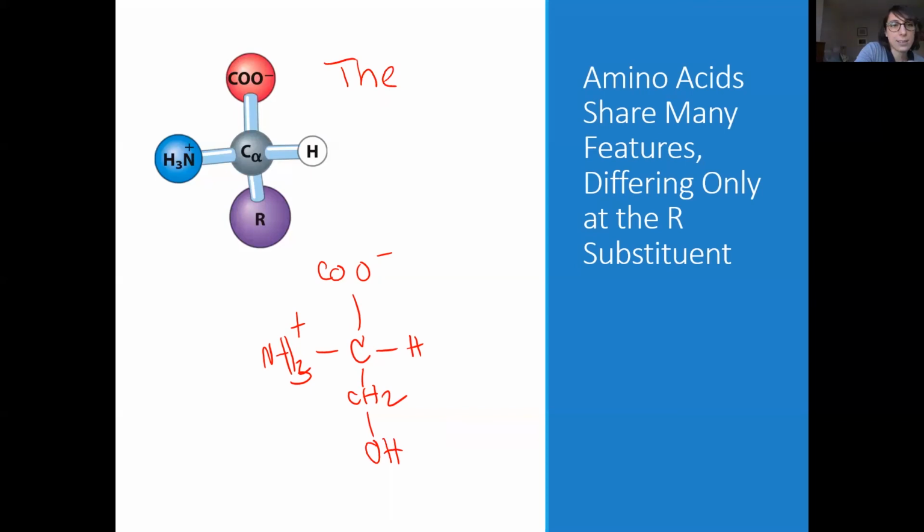You can think that in the alphabet, we have S followed by T, and threonine is the abbreviation T. And it is similar to serine, except that it has this extra CH3 group on it. So it's the next one over at the elongated version. Serine, then threonine, and again, S and then T.